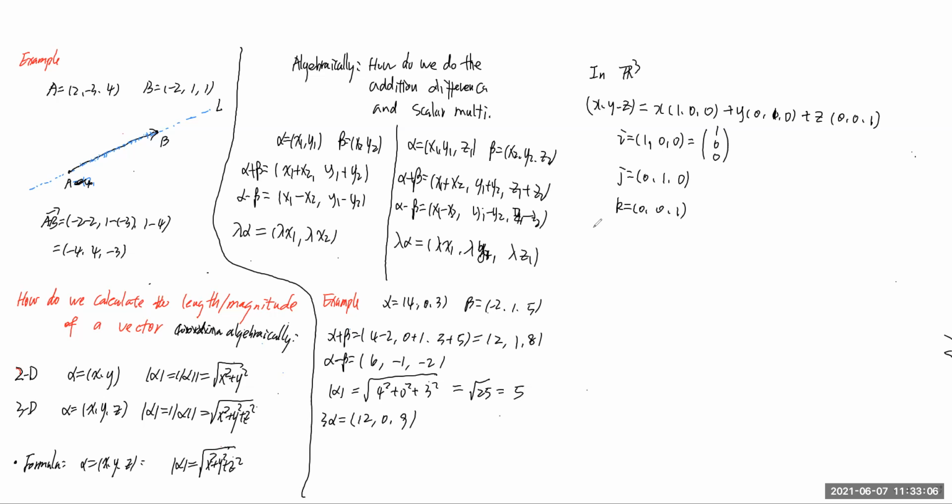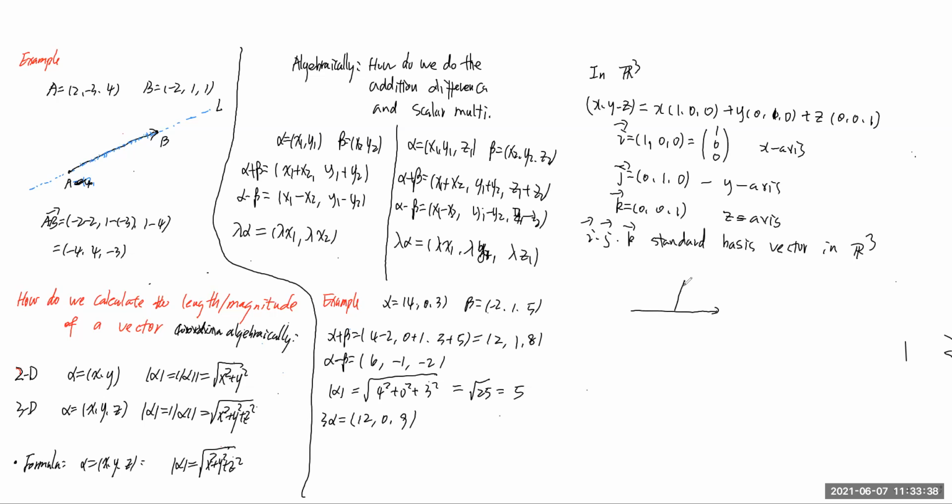You have to remember i, j, k. I emphasize it, add an arrow. It's a vector, and it has a name: the standard basis vectors in R3. Why is this standard? Because this is just the x axis, this is the y axis, this is the z axis.